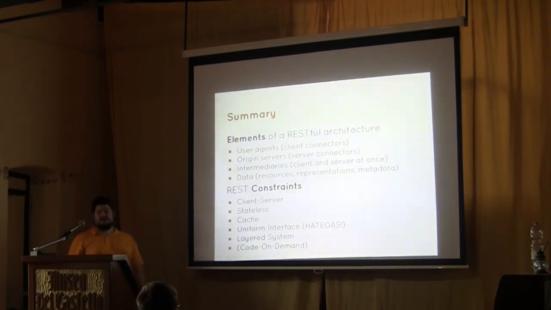Layered system to put these intermediaries where you need them and be flexible there. And code on demand if you want to improve somehow. In the Internet of Things, it could be some pre-processing. So before you put an updated version somewhere, you do some optimization locally, for instance. That's code on demand.